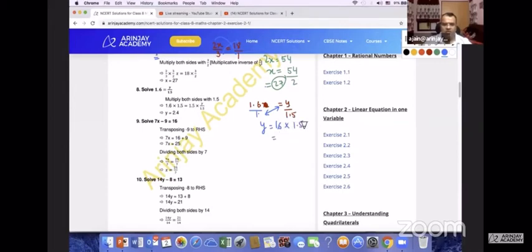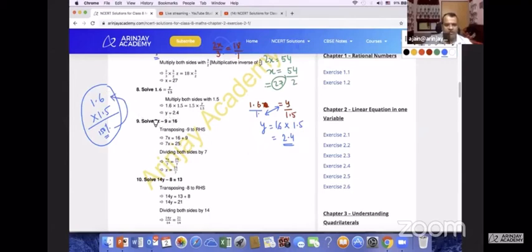If you solve 1.6 into 1.5, you will get the answer as 2.4. One of the simpler ways to do this is to do the entire multiplication and you get it. Another way to look at this is that this is going to be 150% of 1.6. If you are good at calculating percentages, you can do it this way also.